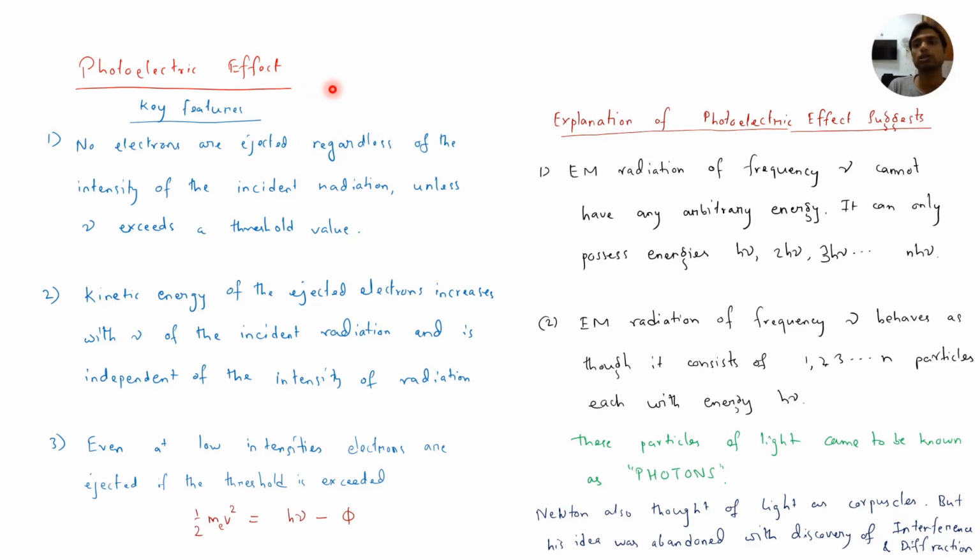Let us not question the quantum nature. Just by assuming that photons, the light energy, are in packets, he could explain the photoelectric effect. The key feature of the photoelectric effect is that no electrons are ejected regardless of the intensity of the incident radiation, unless the frequency of the radiation nu exceeds a certain threshold value.